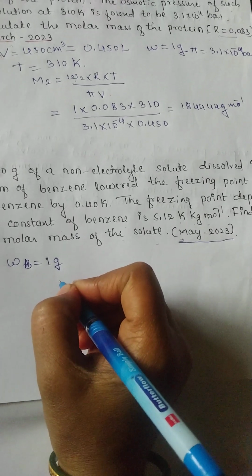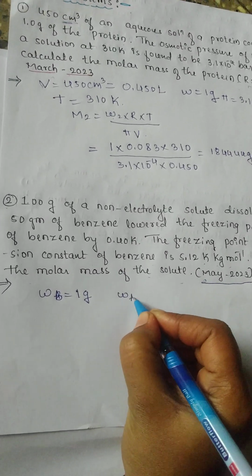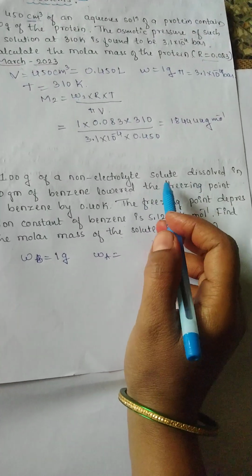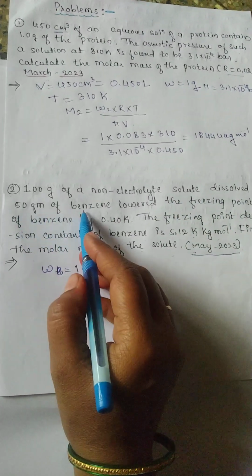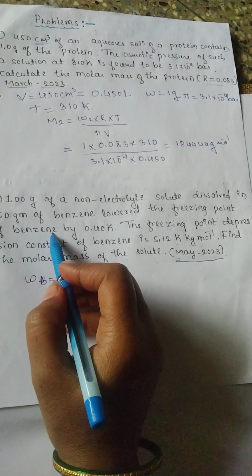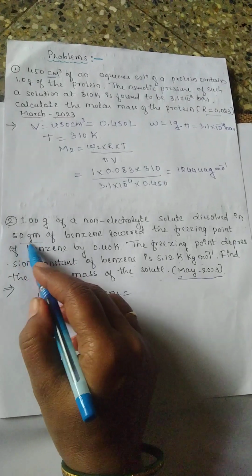Then WA, the solvent, here the solute is dissolved in 50 gram of benzene, which lowers the freezing point of benzene. Okay, here WA is 50 gram.